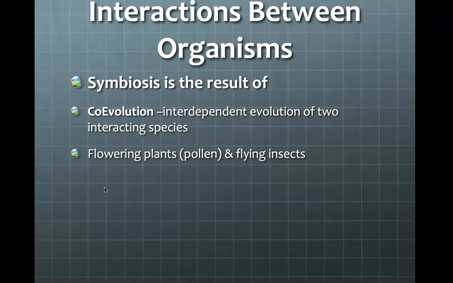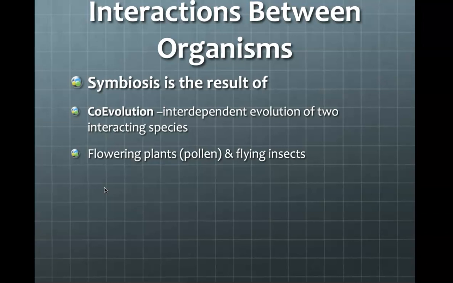Yes, pollination can work with the wind, but that's very scattershot. But when you've got organisms that like your particular flavor, your particular color, whatever, they're going to land on more organisms exactly like you. Or your shape.